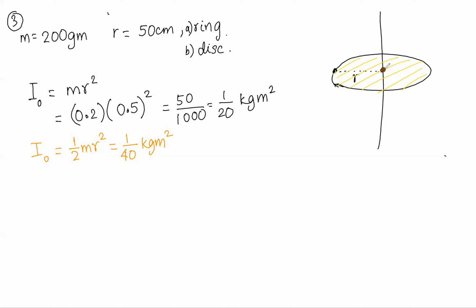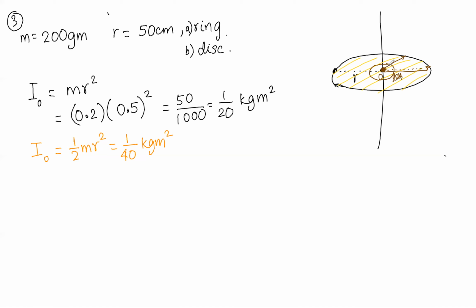If that mass were at the edge, as in a ring, its moment of inertia would be mr² for that small part. But when you made it a disk, some of the mass came to the center, so its contribution is zero. Some of the mass is very close to the center, its contribution is less. So mass is spread all throughout the disk from the center to the edge.